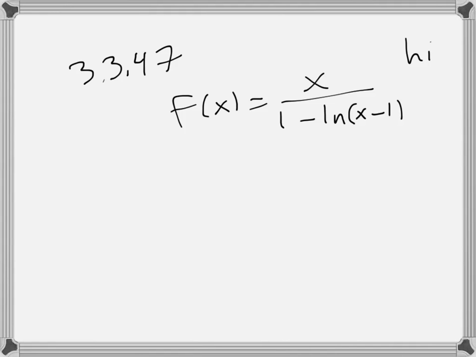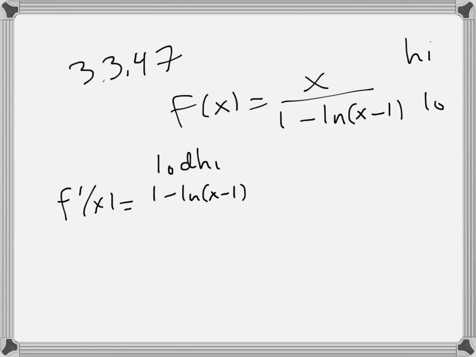So the high is x, and the low is 1 minus ln of x minus 1. So the derivative is low d high. So I write the low, and the derivative of the high is 1, minus high d low.